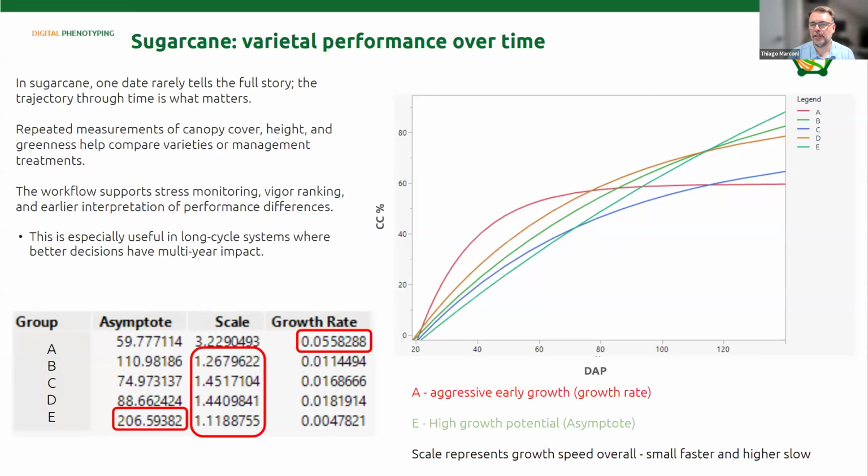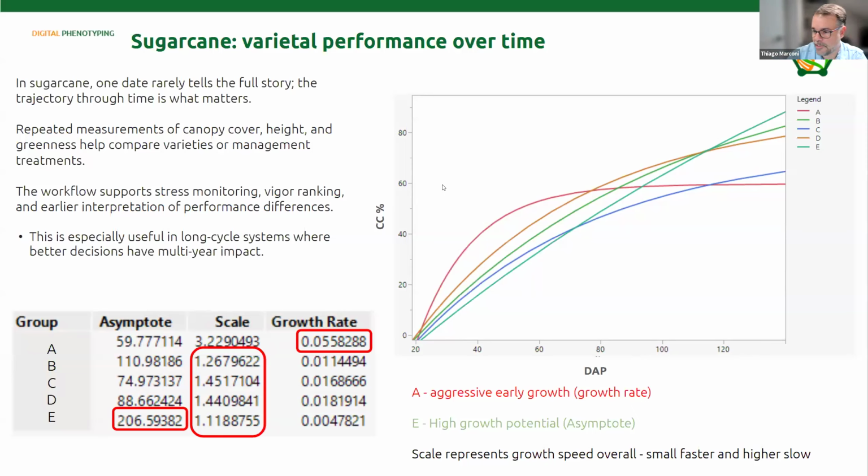So basically here you can see that we did repeated measurements of, in this case, canopy cover over time. So we have days after planting on the x-axis and canopy cover percentage on the y-axis.